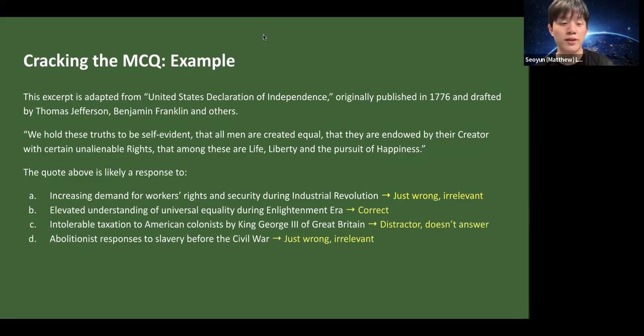We hold these truths to be self-evident, that all men are created equal, that they are endowed by their creator with certain unalienable rights, that among these are life, liberty, and the pursuit of happiness. Okay, after reading that, I'm thinking this is pretty much the most famous statement in the entire declaration, where it talks about how the American colonists were oppressed by intolerable taxation acts, right?